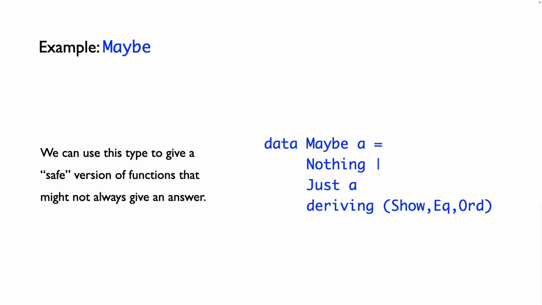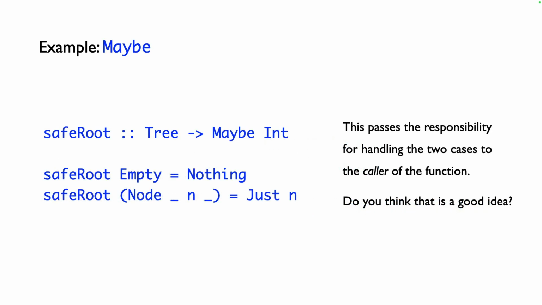And how might we use that? Do you remember in the last segment we talked about defining the root of a tree? And we had the case when the tree was empty that there wasn't a root, and we called an error. What we can do now is define a safe version of that function, and instead of it returning an integer, it returns something of this Maybe Int type. So in the case of applying safe root to empty, we get the answer Nothing.